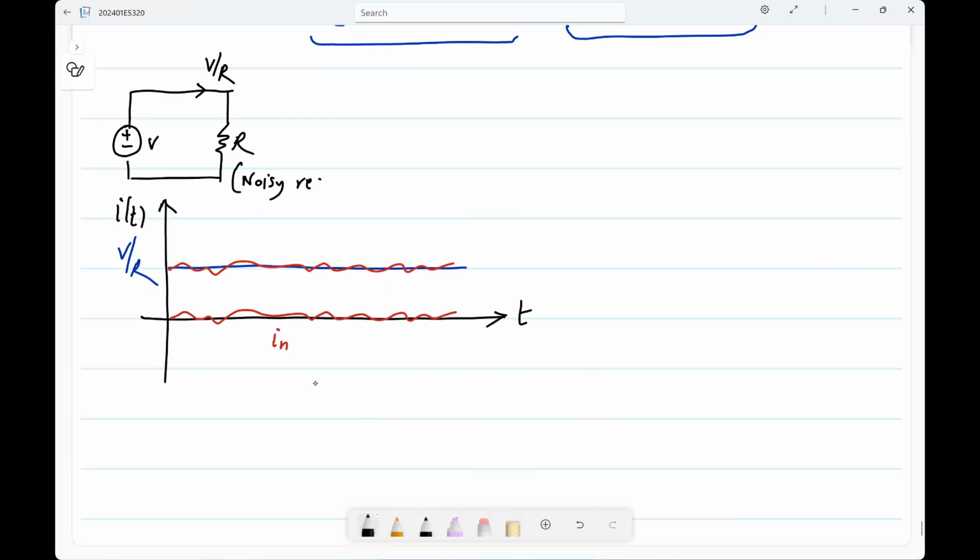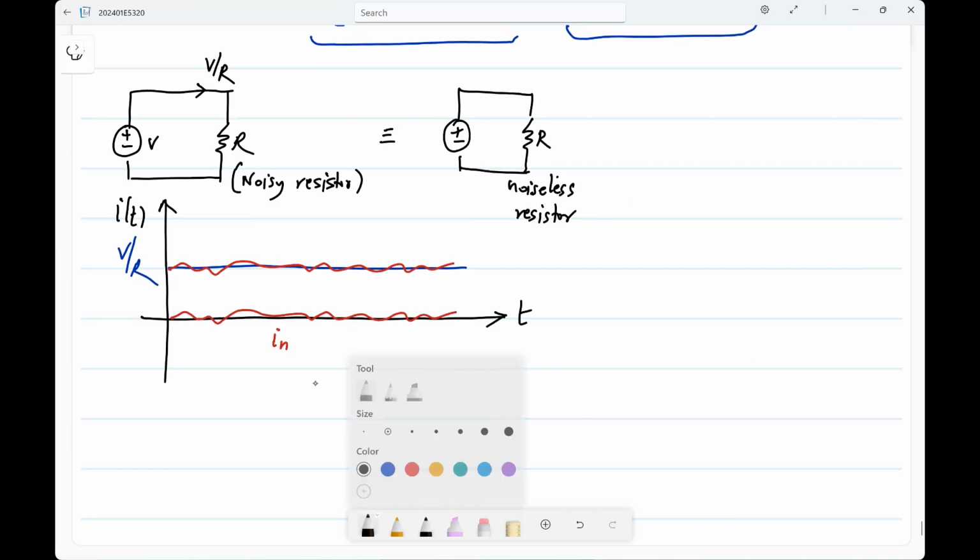Okay. So this is a noisy resistor, and this can be equivalently represented as you have R, and this is a noiseless resistor, an idealized version that doesn't exist, in parallel with a current source IN.